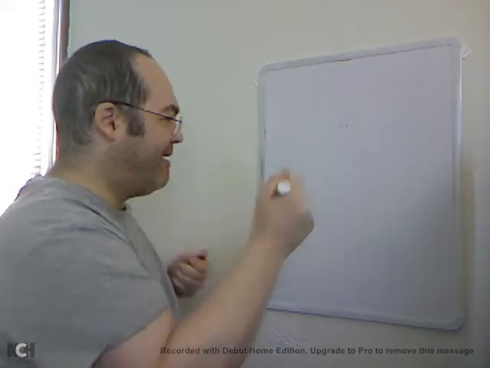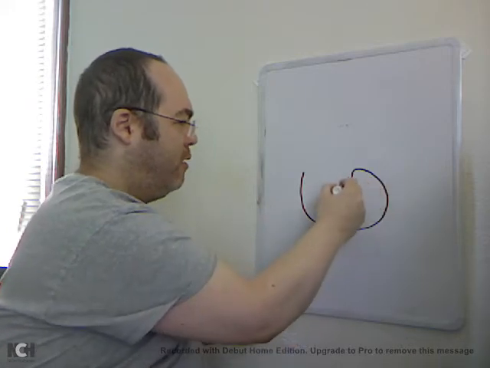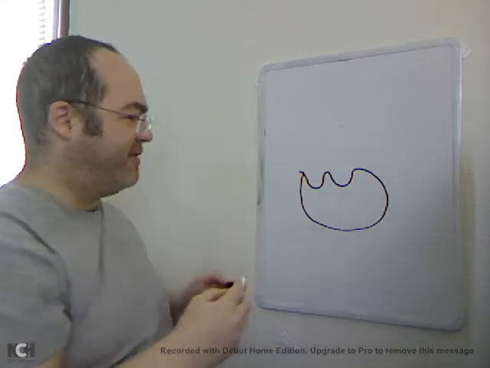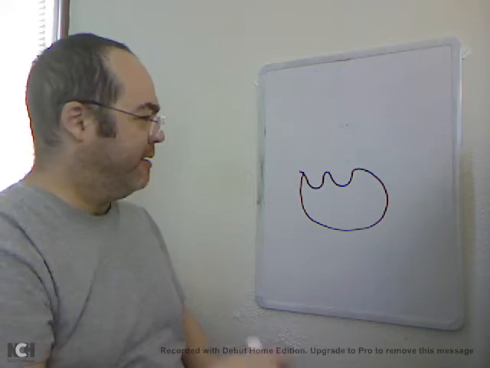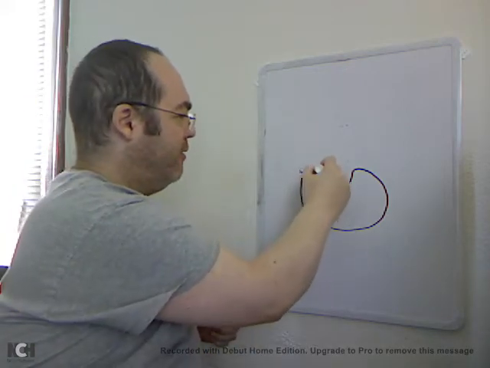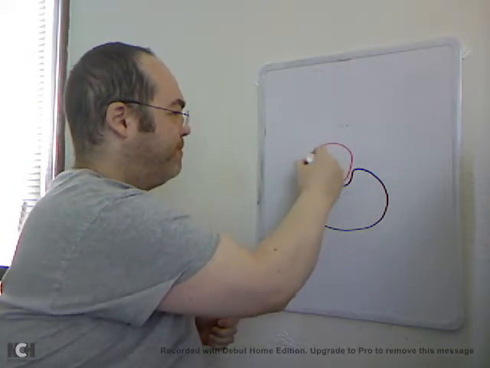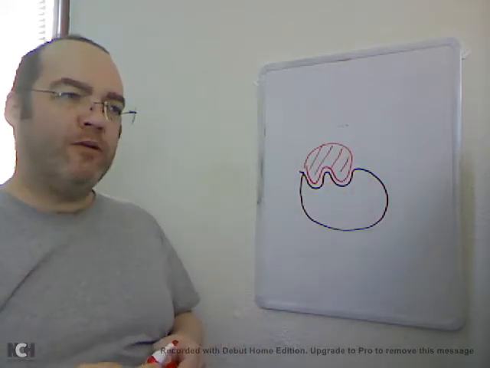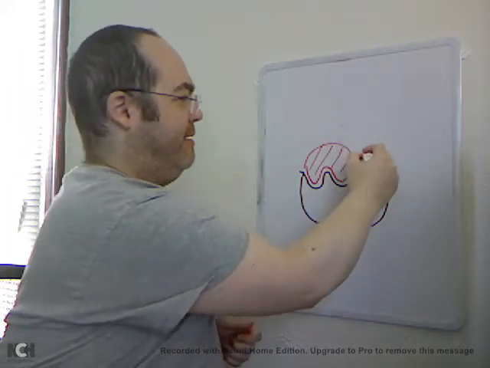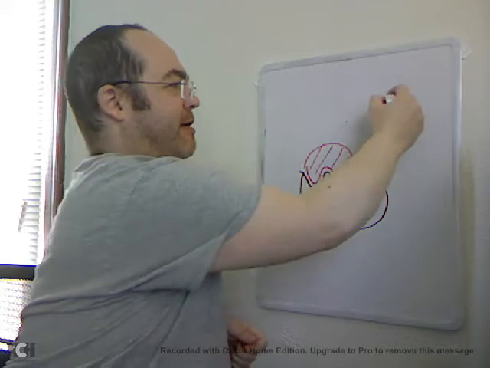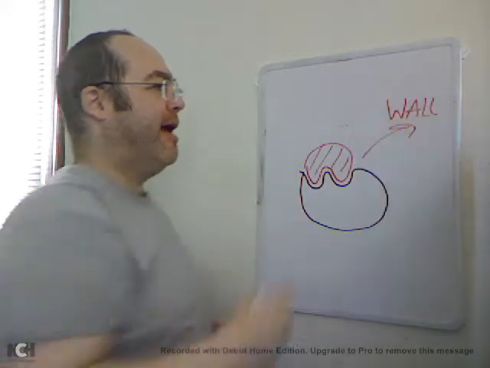So here's our enzyme. Here's the active site. This is the substrate that the enzyme wants to work with, and it can work with that, and it can build a wall.